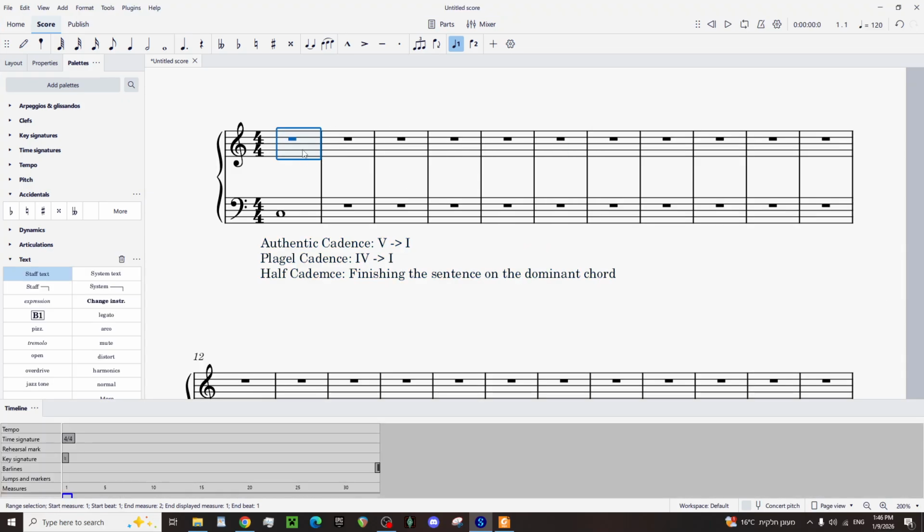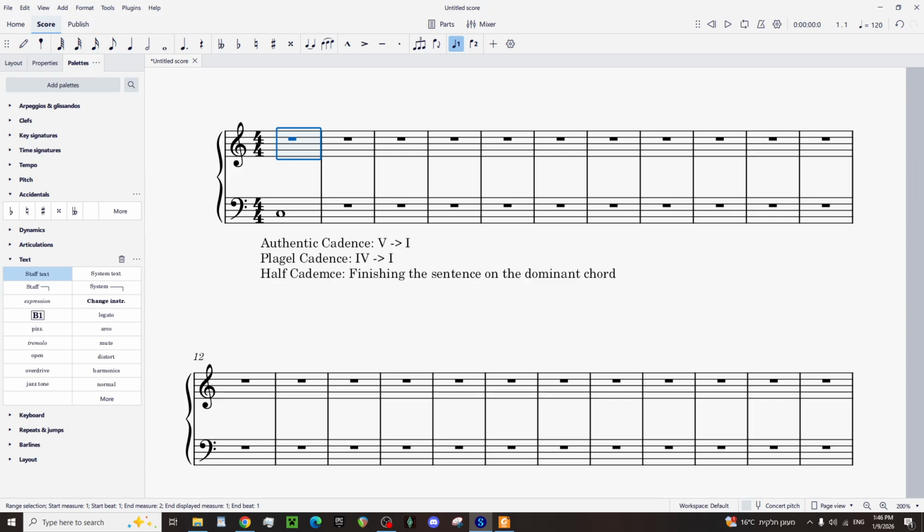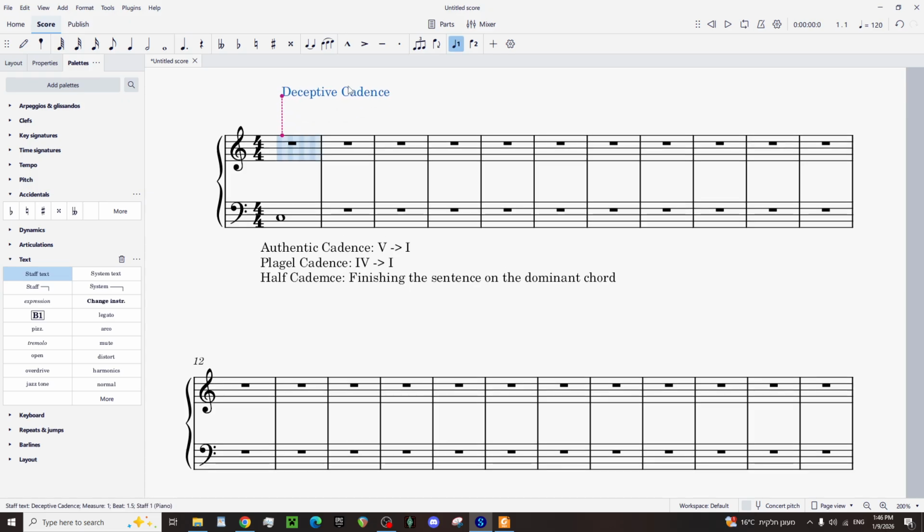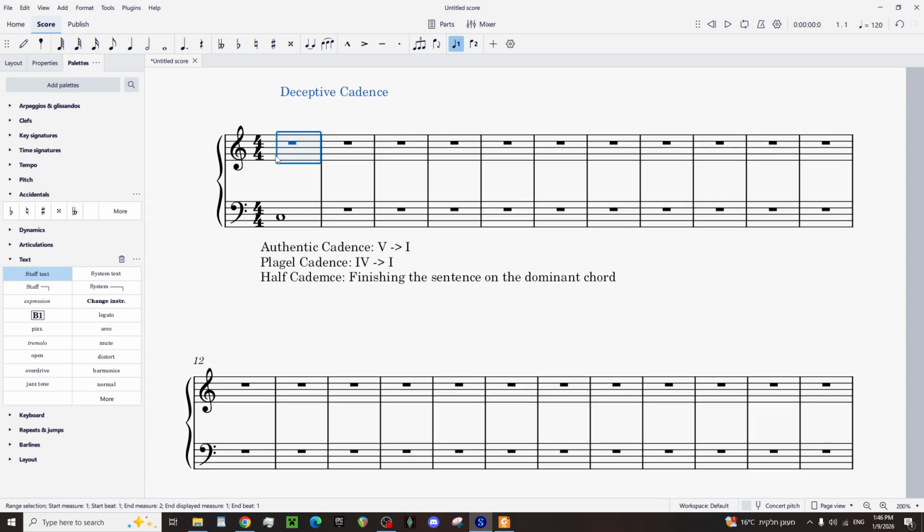Now let's talk about the last cadence, which is a deceptive cadence. It's called deceptive cadence because at some point we go to the 5th degree of the scale, the dominant chord, and instead of going to the 1st chord, we go to another chord to finish the sentence.